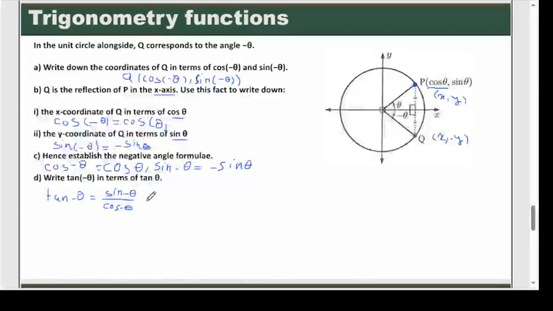As I said, sine of negative theta gives me negative sine of theta, and over cosine of theta, which is negative tangent of theta.